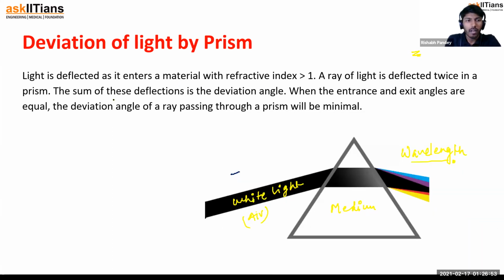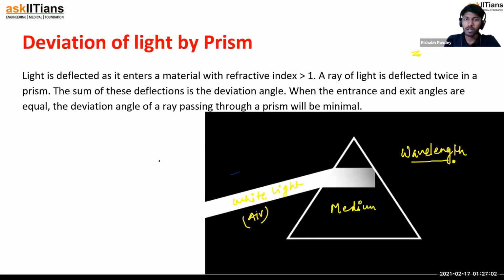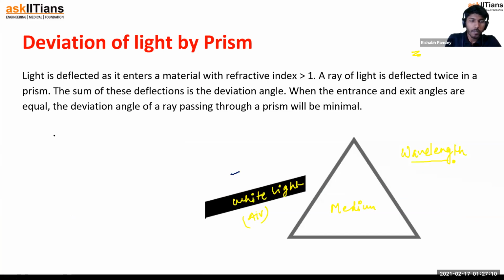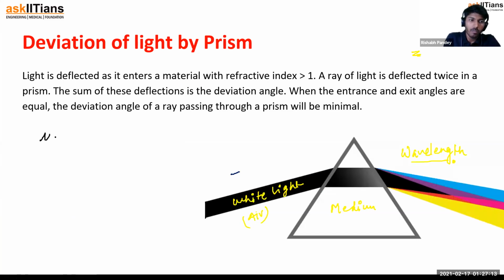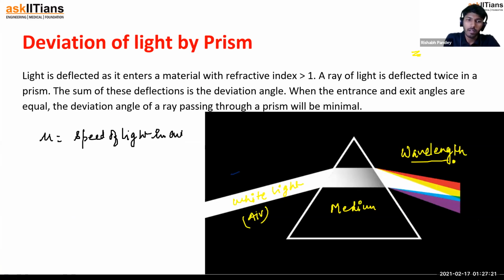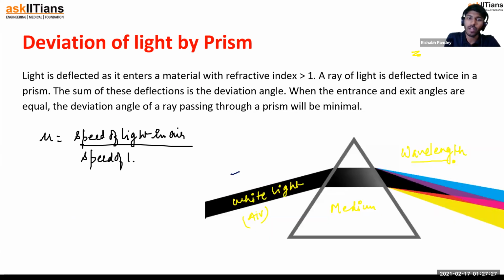So if I say that light is refracted as it enters a material with refractive index greater than 1, you must have studied refractive index in the previous chapter on light. The refractive index mu is equal to the speed of light in air upon the speed of light in a particular medium.